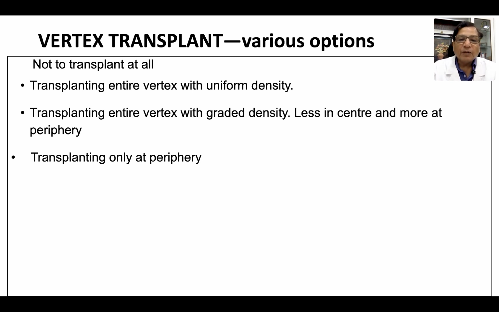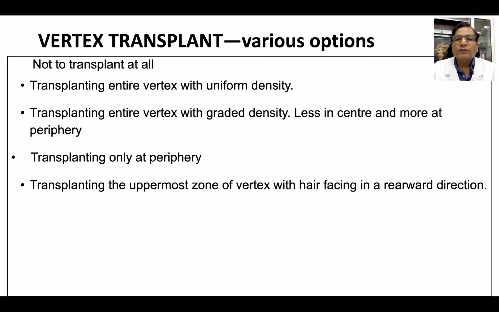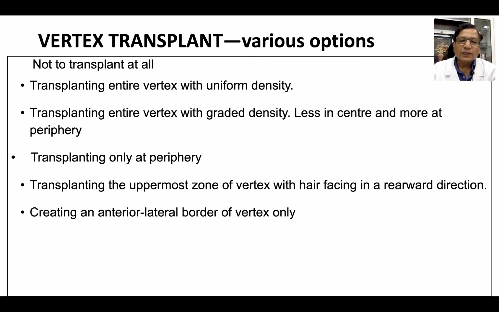Then transplanting the uppermost zone of the vertex with hair facing downward. This is a good option. You transplant the upper zone and put the hair in the downward direction. So when they comb, the hair will go to the back side and lower side, and they will cover the remaining bald area, creating an anterolateral border of the vertex only.